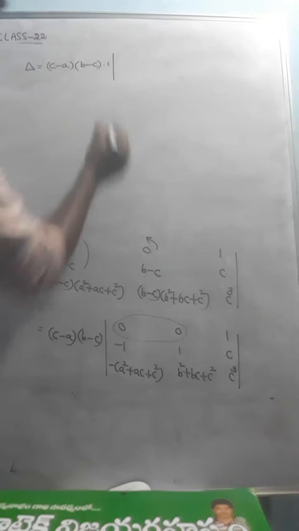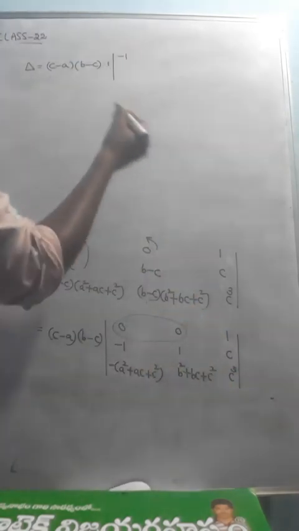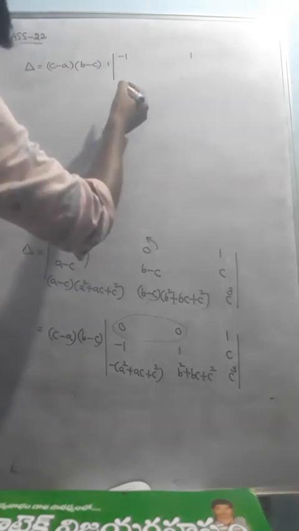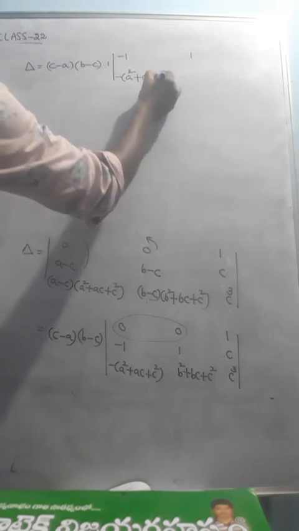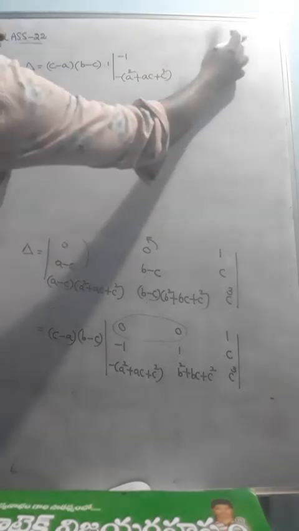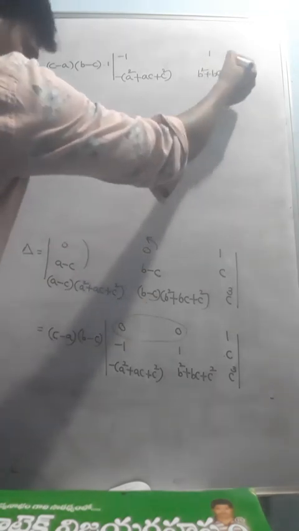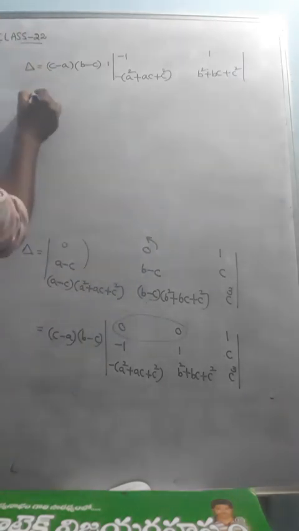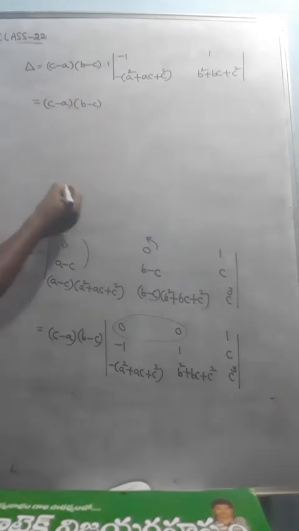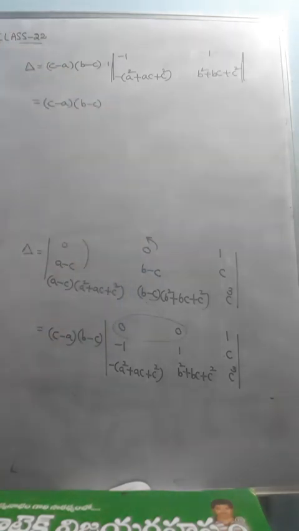So 1 into, forgetting the first row and third column, what remains is minus 1, 1, next minus of A square plus AC plus C square, next B square plus BC plus C square. That is equal to C minus A into B minus C into, so this is a 2 by 2 determinant, which you can directly find.